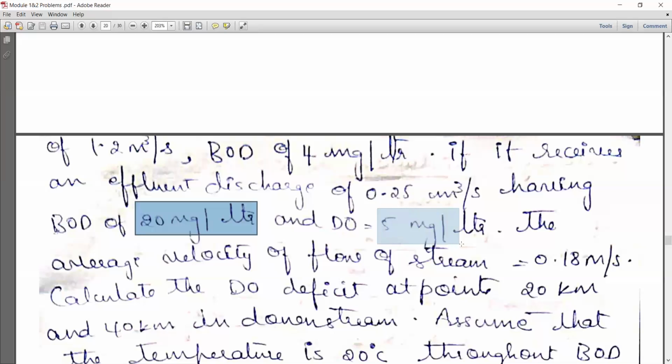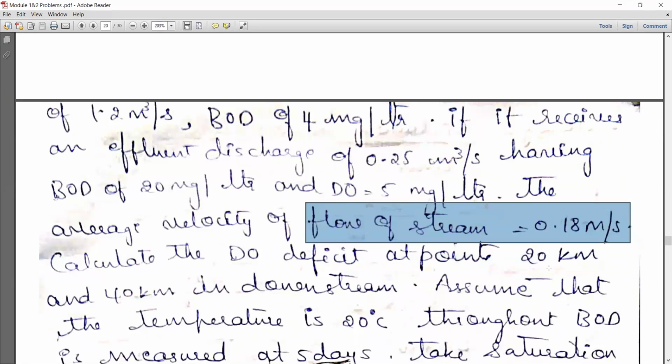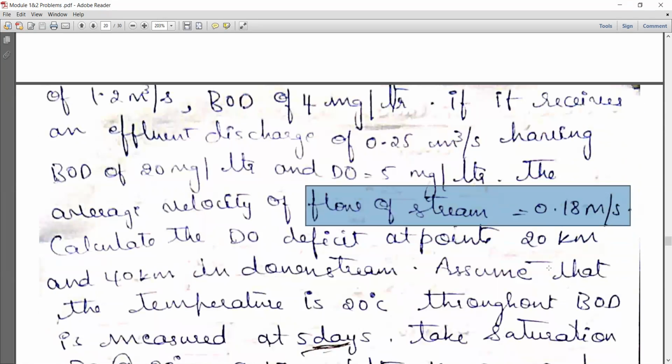So the DO of the effluent is 5 mg per liter. The average velocity of flow of the stream is given as 0.18 meter per second. Then calculate the DO deficit at points 20 and 40 kilometers.